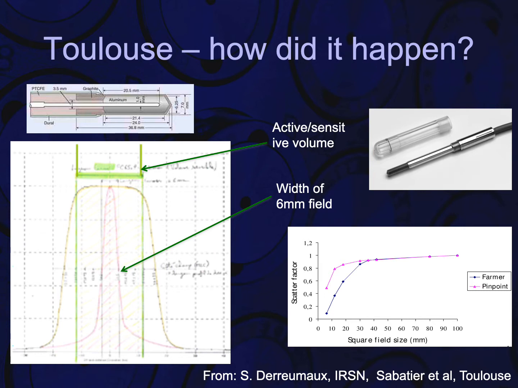You can see a very good agreement between the two for field sizes above 40 millimeters. But once you get below that, you see a significant difference between the two. And once you get down to 6 millimeters, while the pinpoint chamber is measuring a scatter factor of around 0.5, the Farmer chamber is about 5 times lower at about 0.1.